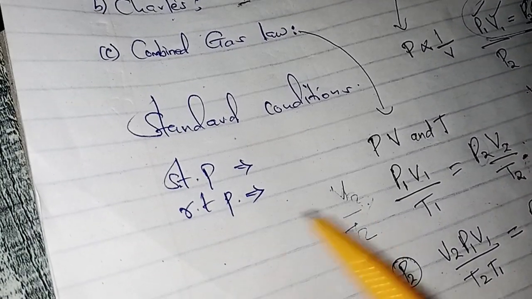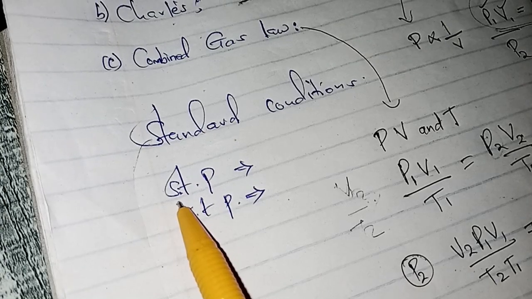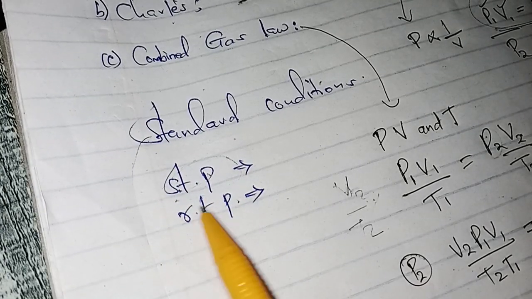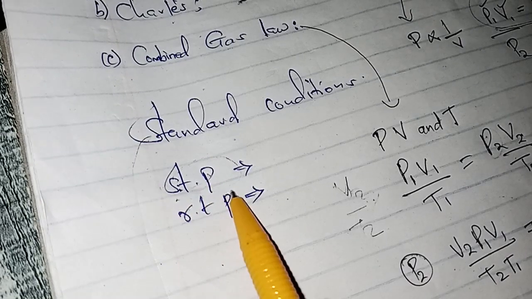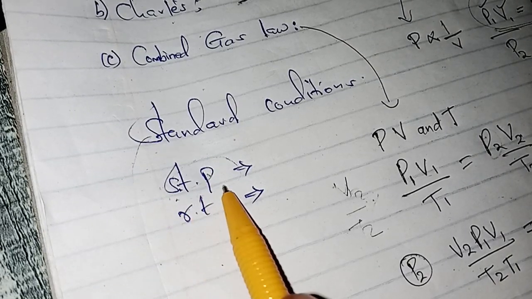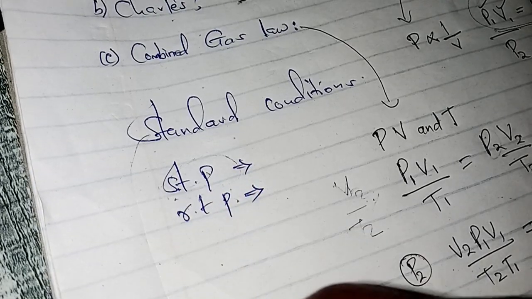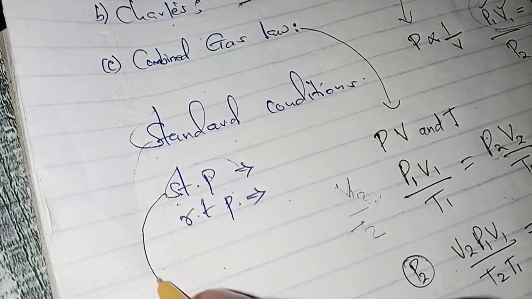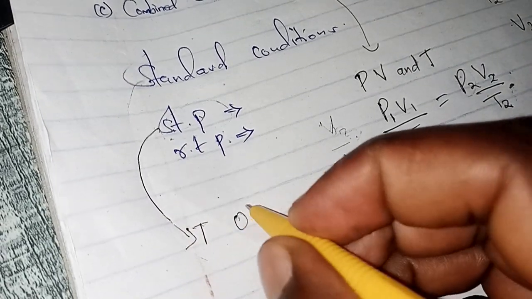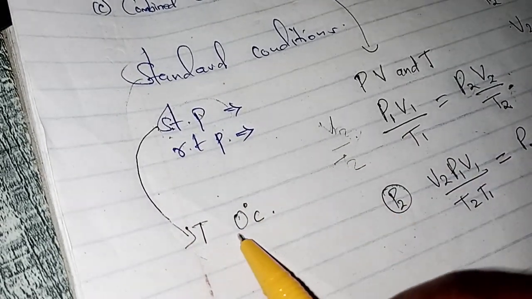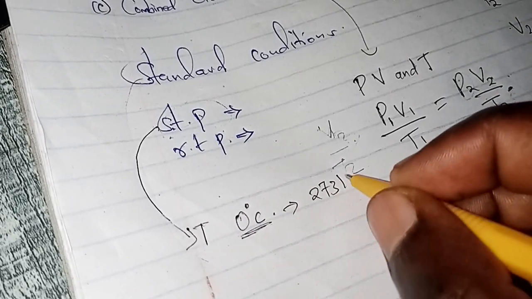Another thing we shall look at is the standard conditions: STP and RTP. STP means standard temperature and pressure. At STP, the temperature is always 0 degrees centigrade, and when you convert it into Kelvin, it is 273 Kelvin.